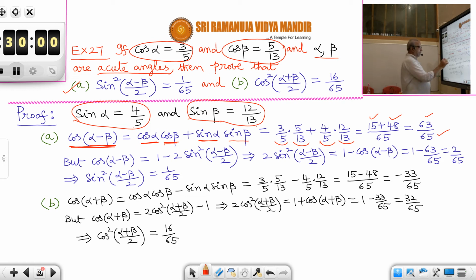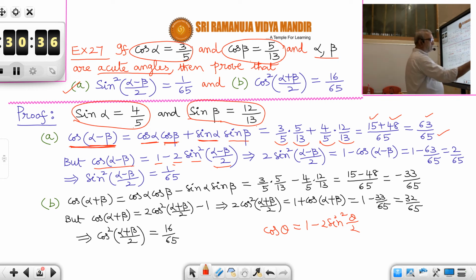But cos theta is 1 minus 2 sin square theta by 2. So cos alpha minus beta is equal to 1 minus 2 sin square alpha minus beta by 2. So from this you can find the first bit, sin square alpha minus beta by 2. So 2 sin square alpha minus beta by 2 is equal to what from this formula?